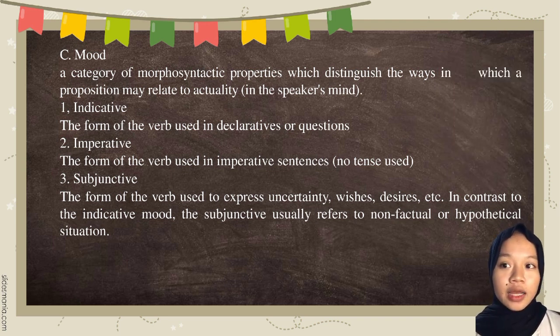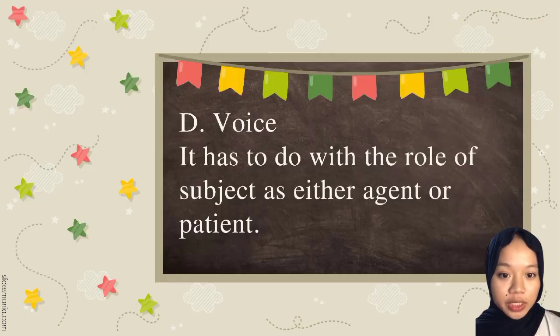The first, indicative: the form of the verb as in declarative sentences or questions. The second, imperative: the form of the verb as in imperative sentences. Third, subjunctive: the form of the verb used to express uncertainty, wishes, desires. In contrast to the indicative mood, the subjunctive usually refers to non-factual or hypothetical situations.